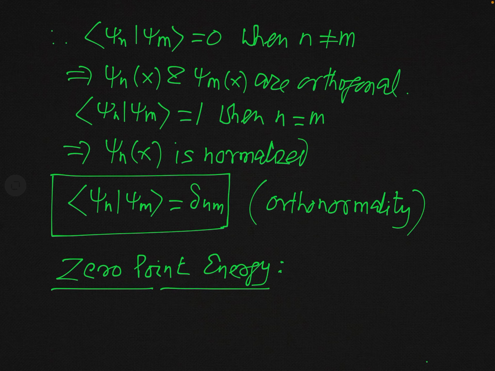So here energy means kinetic energy, and if kinetic energy is 0, the particle will be at rest, and if the particle is at rest, its momentum will also be 0. And this 0 momentum will actually be a violation of the Heisenberg uncertainty principle.